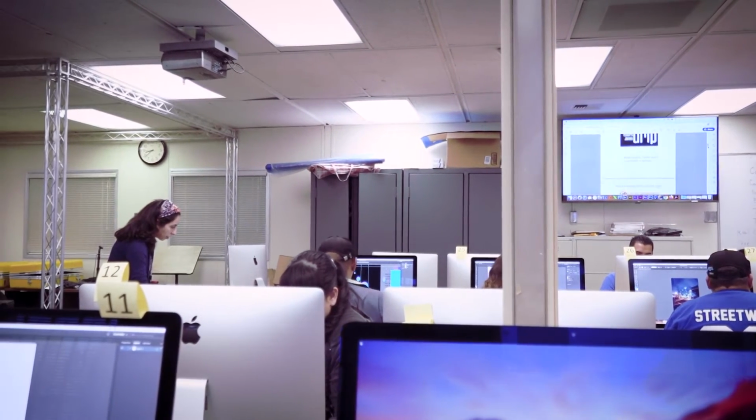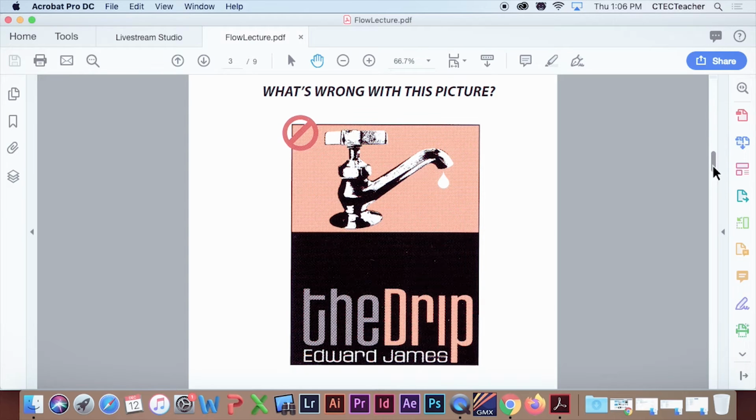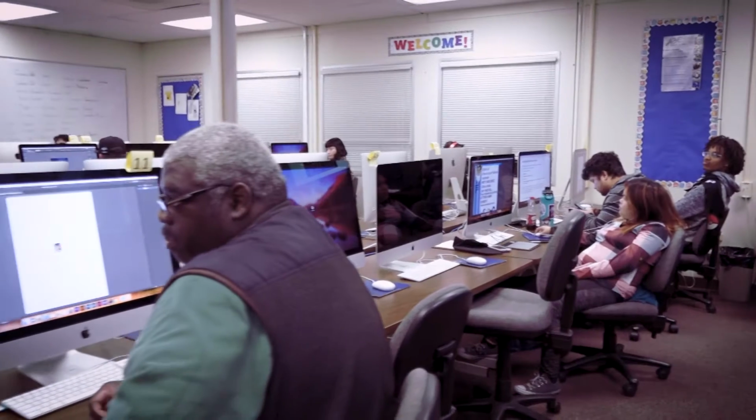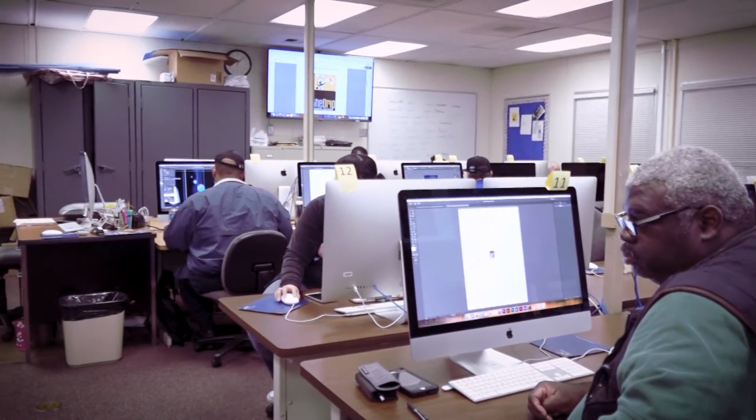Okay, better layout. So what's wrong with this picture? Right, there's a big break right down the middle that just breaks these into two parts. It doesn't feel like it's flowing, like it's all the same composition. Any other ideas? What's going on in the center?